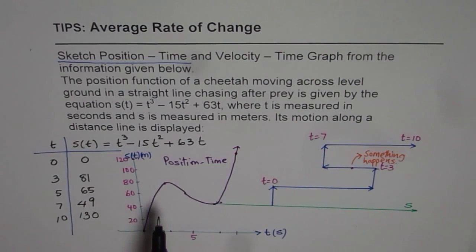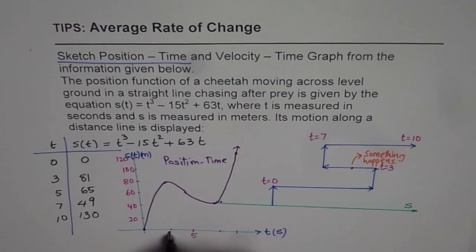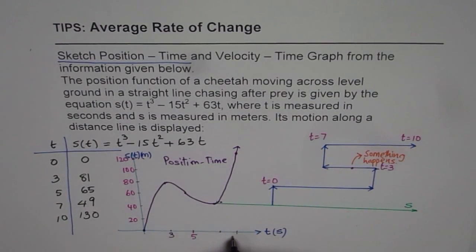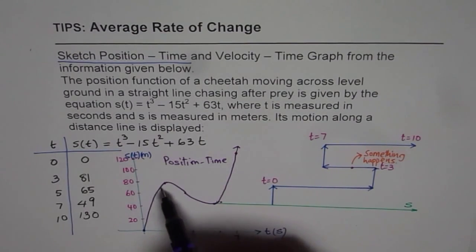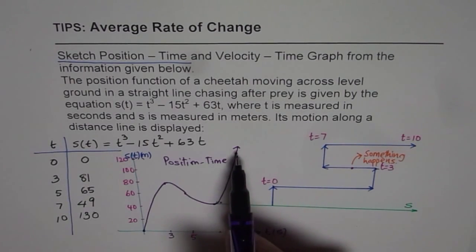You can also have a rough idea from here. Velocity is going to be 0 at these turning points, right? So that means at t equals 3 and at t equals 7, the velocity is going to be 0. It is going to be positive for a period from 0 to 3, negative from 3 to 7, and then again positive from 7 onwards.